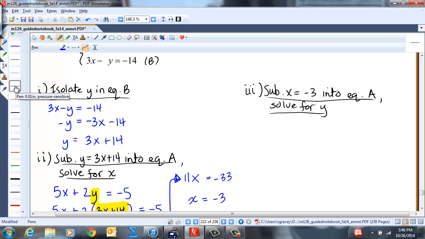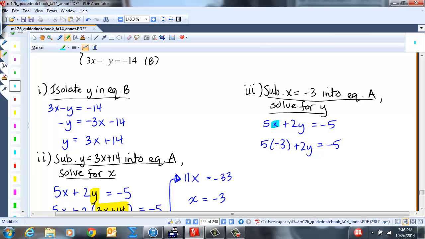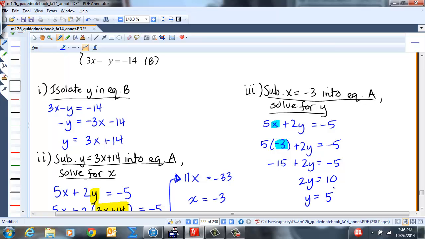So 5x plus 2y was negative 5. So 5 times negative 3 plus 2y is negative 5. In for x, I put the negative 3 we'd found from the last step. Then we'll have negative 15 plus 2y is negative 5. 2y, when I add 15 to both sides, will be 10. So y will be 5.